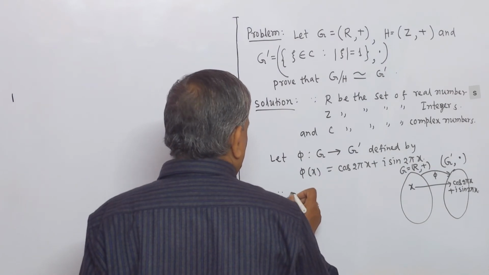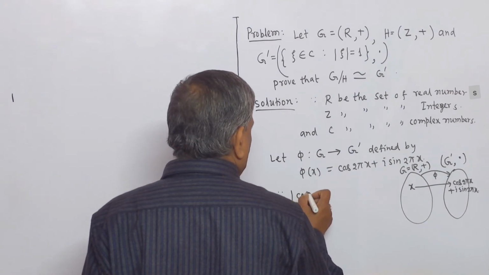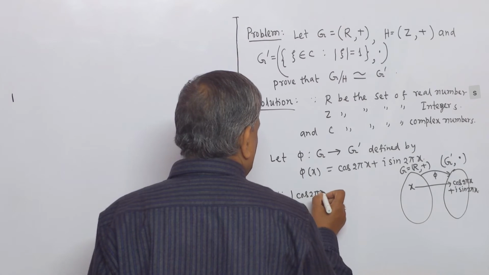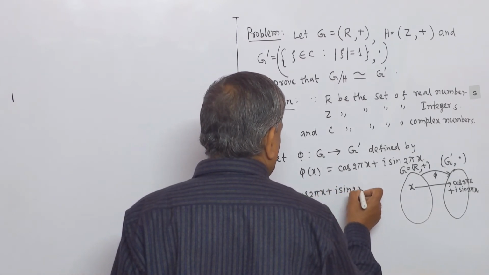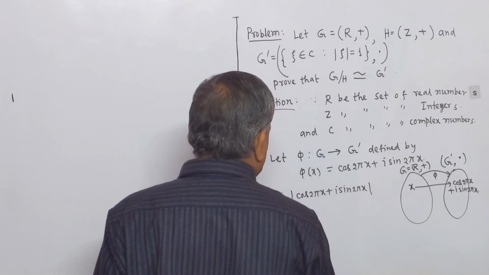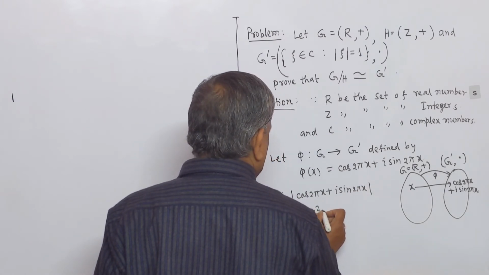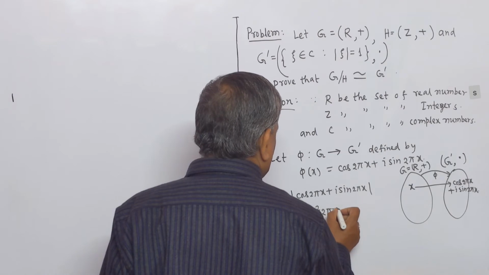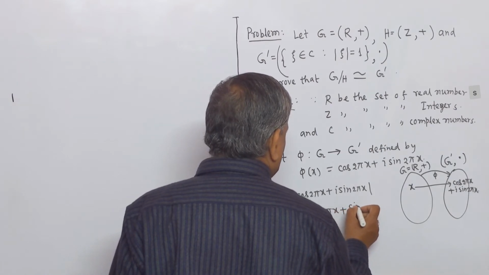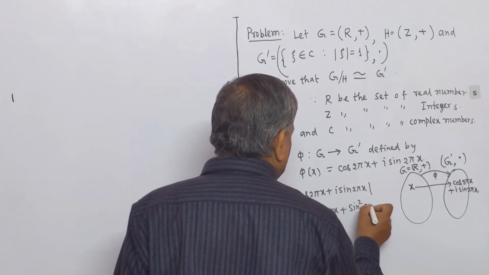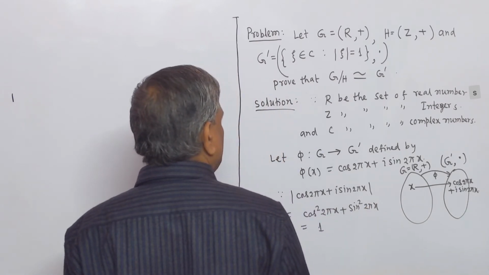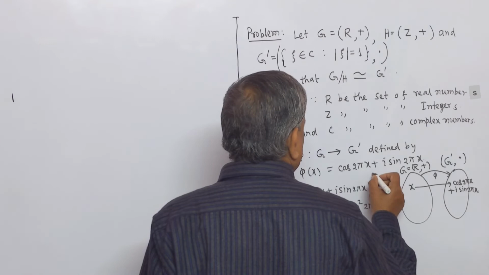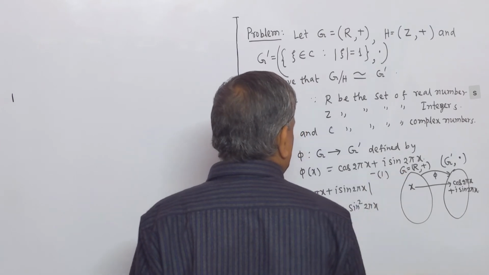Since modulus of cos 2 pi x plus I sin 2 pi x equal to square root of cos square 2 pi x plus sin square 2 pi x, this is equal to 1. This is number 1 equation.